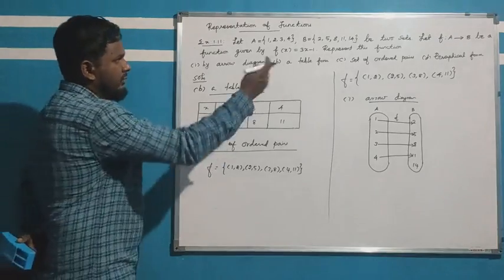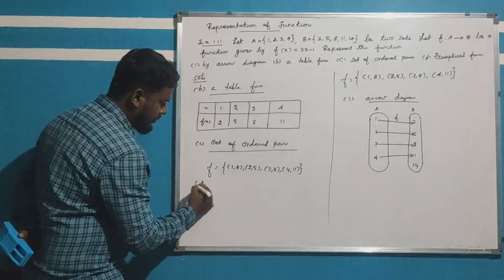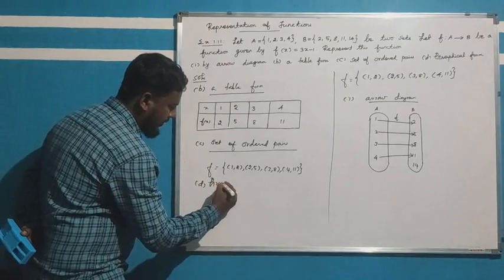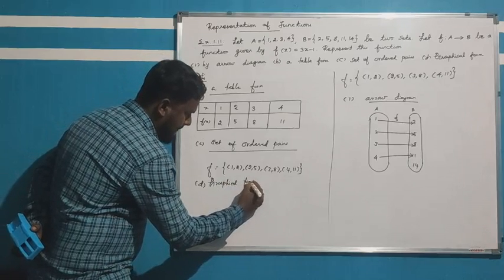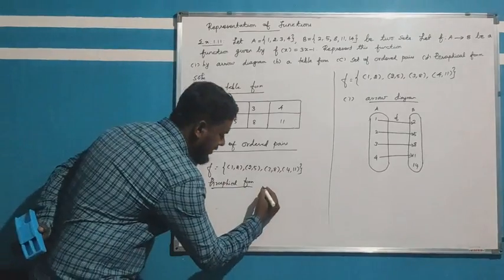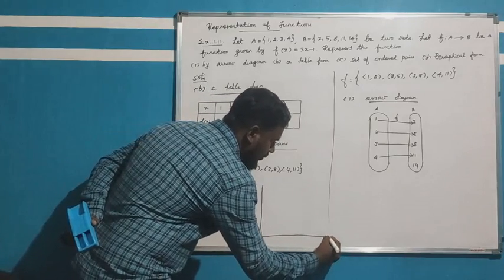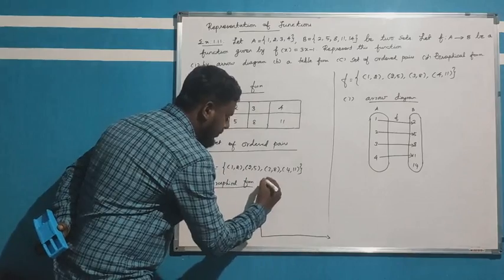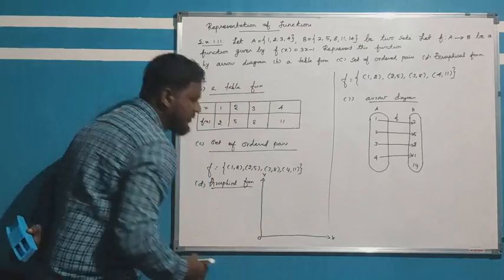Now, next you have to find the graphical form. So you have to consider what is the x-axis, what is the y-axis, what is the origin.